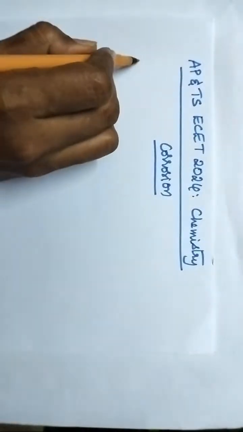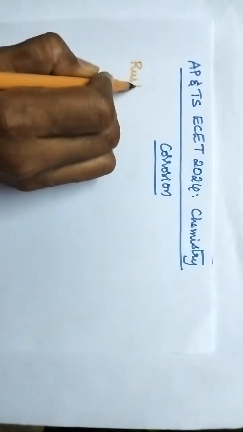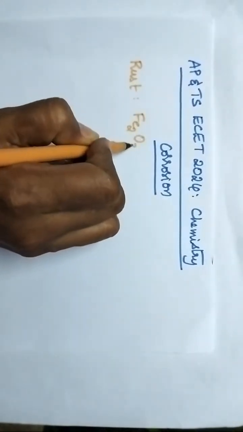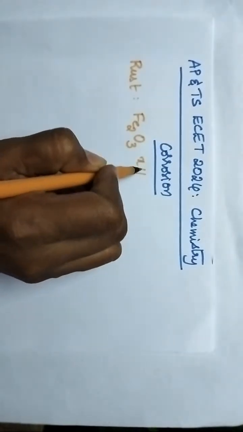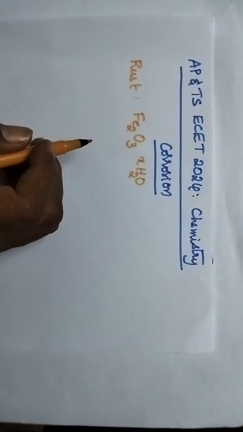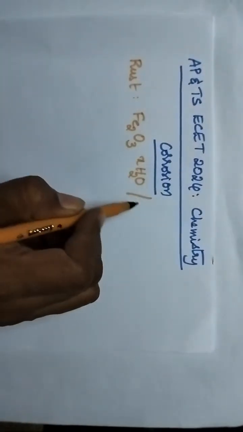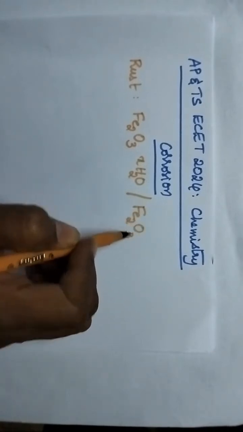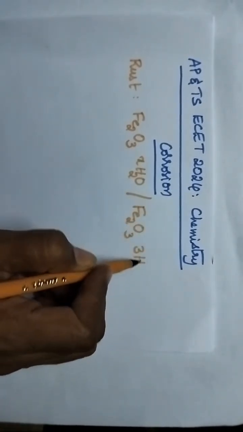So, the formula of rust is Fe2O3.xH2O. This is the formula of rust, and especially it can also be represented as Fe2O3.3H2O.